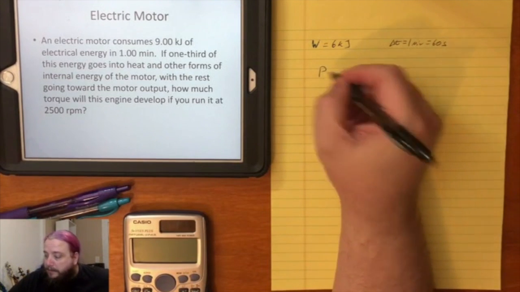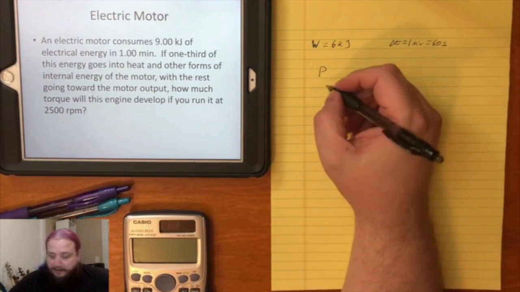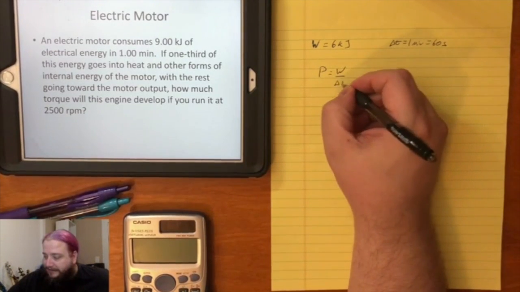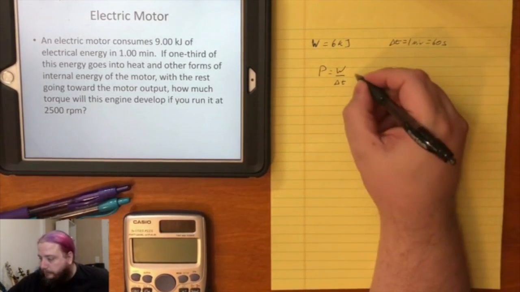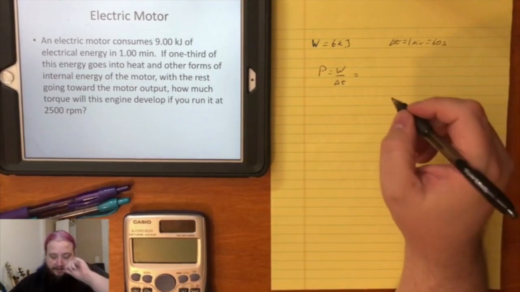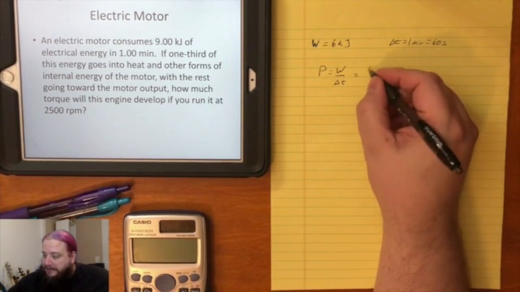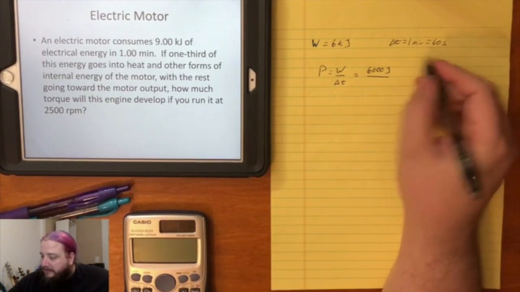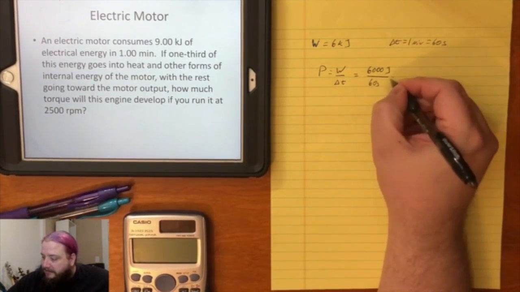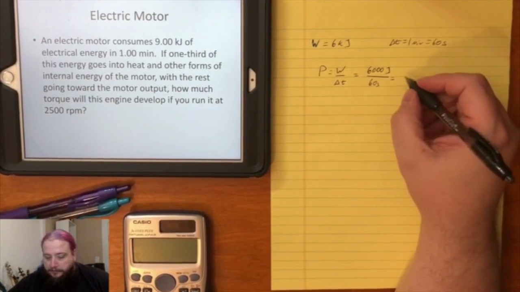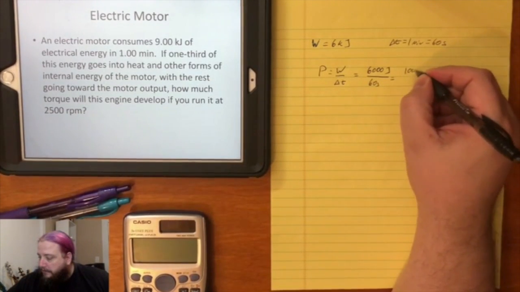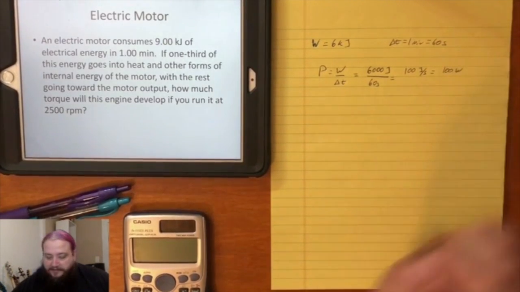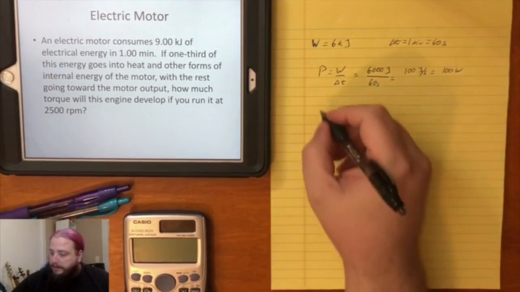Then the power being delivered is work over delta t. So 6 kilojoules, that's 6,000 joules in 60 seconds. Well, that's 100 joules per second, or 100 watts of power.